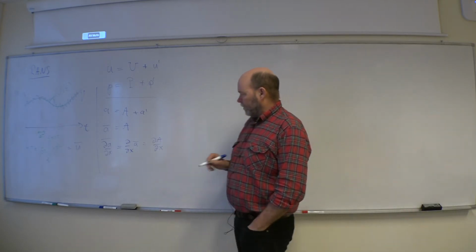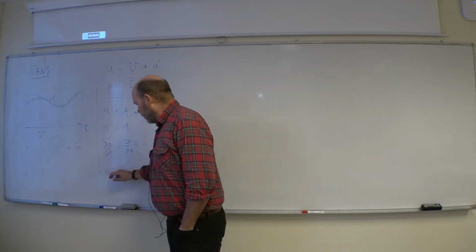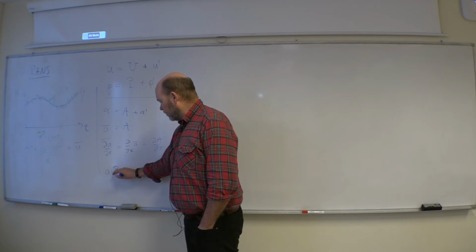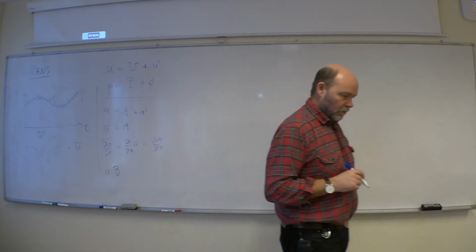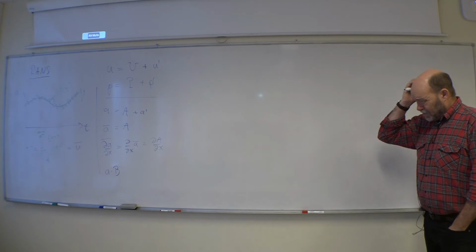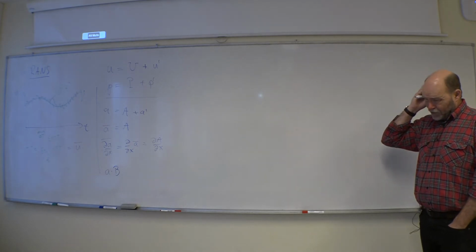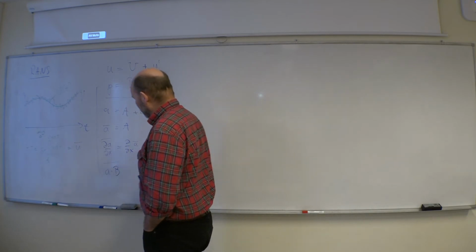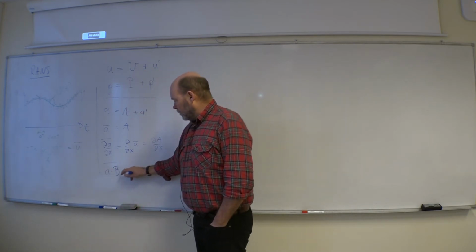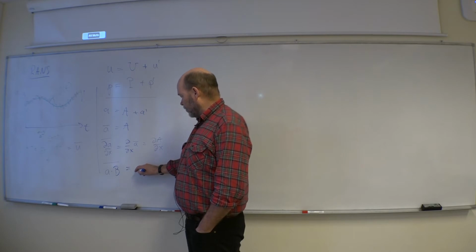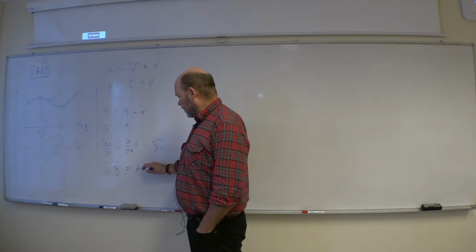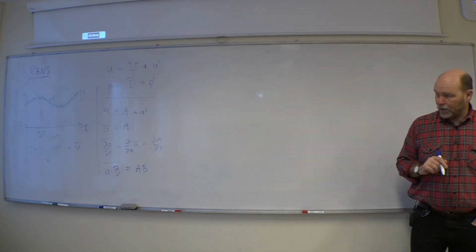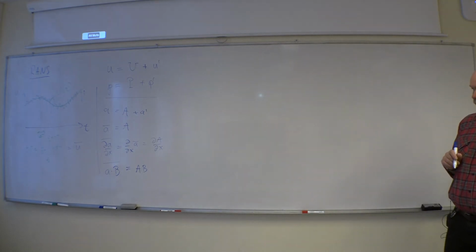If you have a real quantity A multiplied with an already averaged quantity B and then take the time average, this will be just the mean A times B, nothing more. The fluctuating part, since you only have one of them, will disappear.